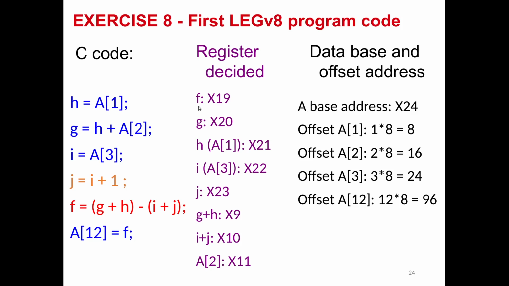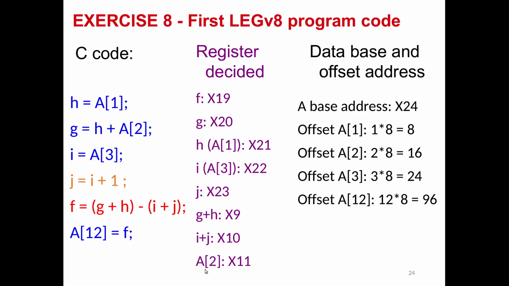So we decide f will be represented in X19, g in X20, h, or the value loaded from A1, will be in X21, i, the value loaded from A3, in X22, j, the value of i plus 1, will be temporarily stored in X23, g plus h here will be stored in X9, the same as what we do in exercise number 1, and i plus j here will be stored in X10.